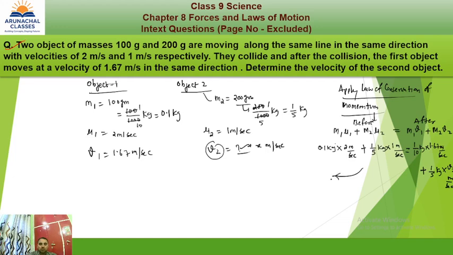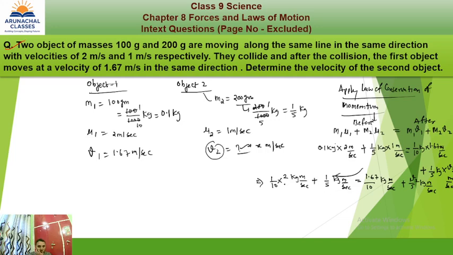Now we just solve the question. It is 1 upon 10 multiplied with 2 kg meter per second, plus 1 upon 5 multiplied with 1, which is 1 upon 5 kg meter per second, equal to 1.67 divided by 10 kg meter per second, plus v2 upon 5 kg meter per second.